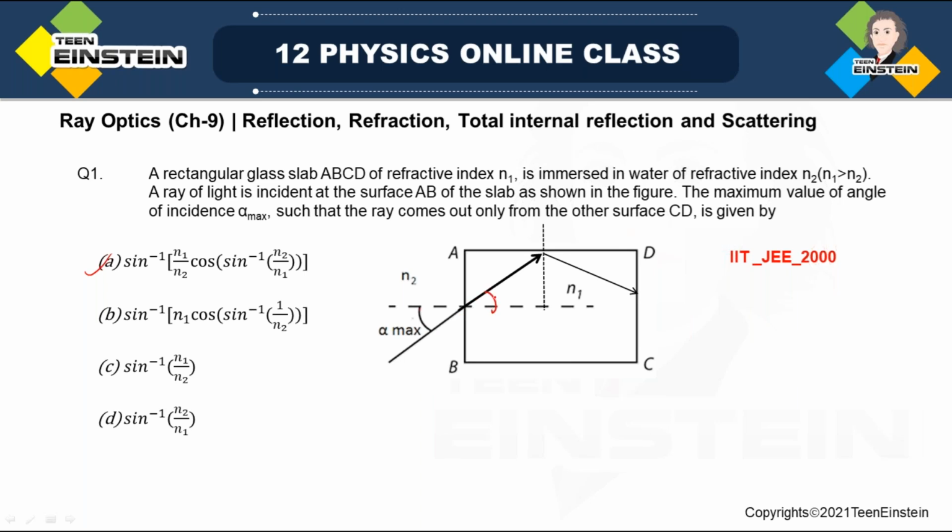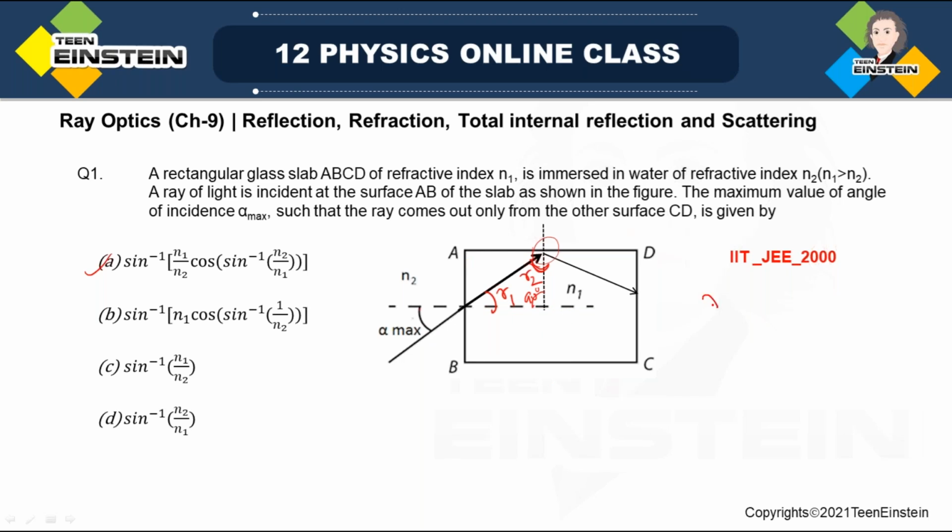Let us say this is the angle of refraction at the first interface, and this is the angle of incidence at this surface. Since this is perpendicular to AD and this is perpendicular to AB, this must be 90 degrees.